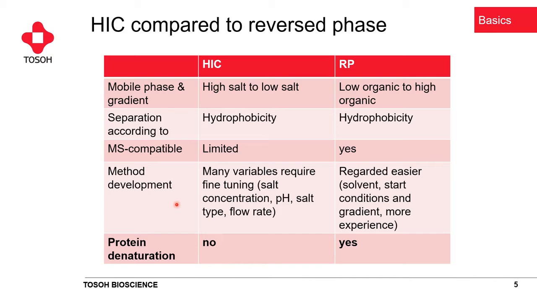We have to think of the salt type, the salt concentration, and the gradient that we use. And last but not least, we don't have as much literature and expertise out there for hydrophobic interaction chromatography as compared to reversed phase, where a lot of information is readily available.